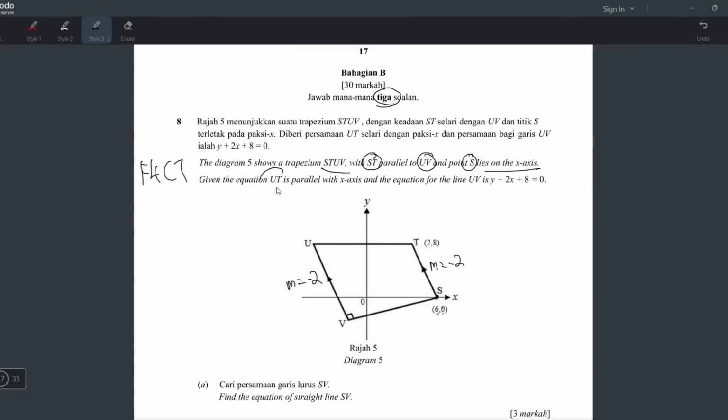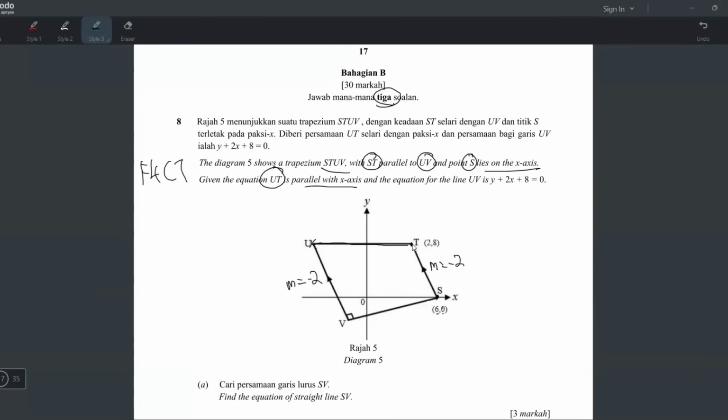Okay, and then given that UT is parallel with the x-axis. So tell me, if UT is parallel to the x-axis, that means the gradient will be 0. Because when it is a horizontal line, the gradient is zero. So that means the y coordinate of point U will be the same as the y coordinate of point T, because it's completely horizontal.